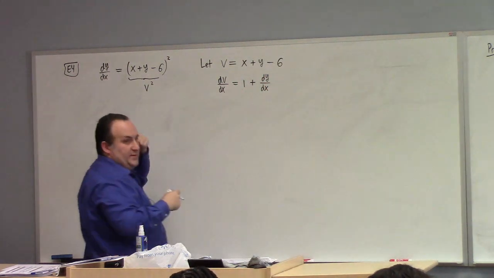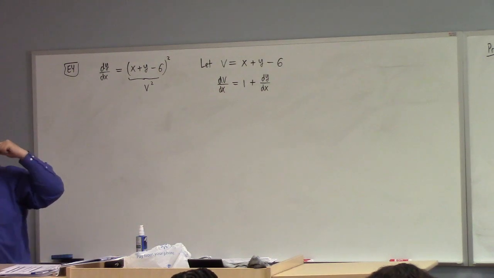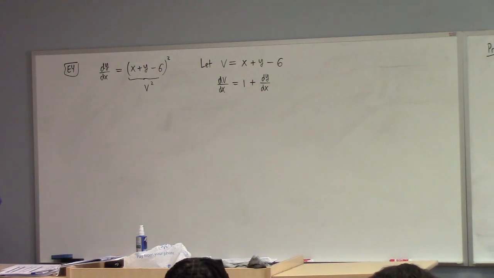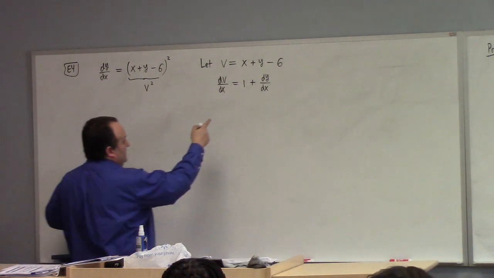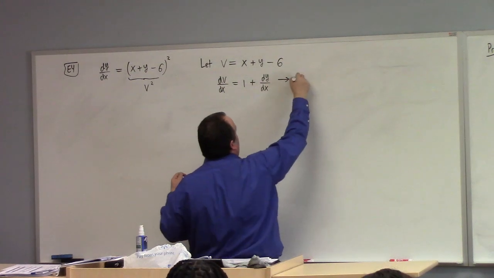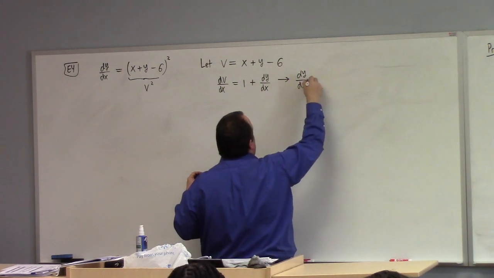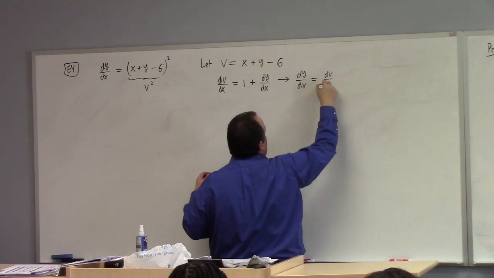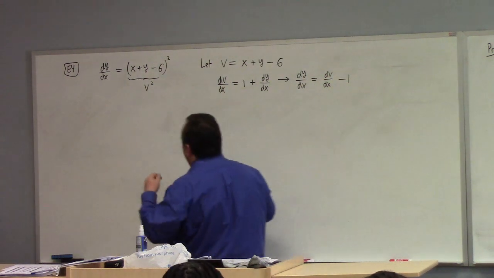So this is a lot like u substitution, where you have to substitute both the integrand and the measure. Similarly here, we have to substitute both parts of the differential equation, the part that's algebraic and also the part that's derivative. But as you can see, this gives us that dy dx is dv dx minus 1.